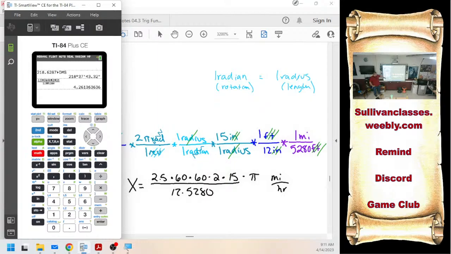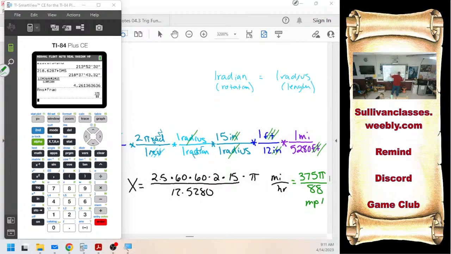Oh, come on. Come on, you can do it. You can do it. There you go. The reason I left the pi off of there is because this will get me the perfect answer. This is 375 pi over 88 miles per hour.